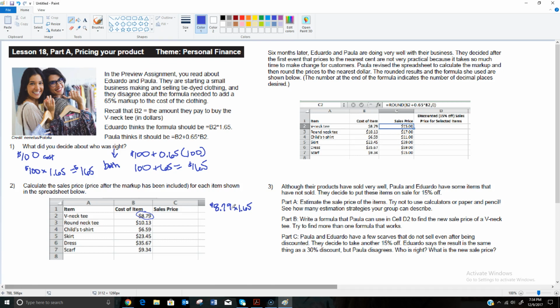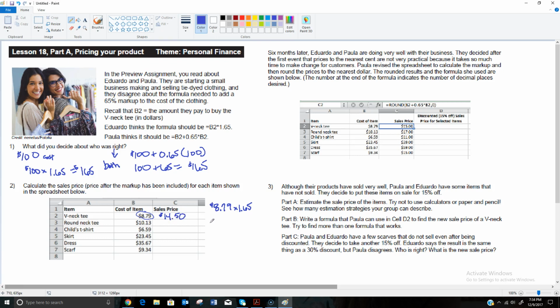So if I take 8.79 times 1.65, and again, you could take 8.79 plus 0.65 of 8.79. It'll get you the same answer. Either way, you should get $14.50. Got to round to the nearest penny. It's 0.503, so I'm just going to leave it at 50.